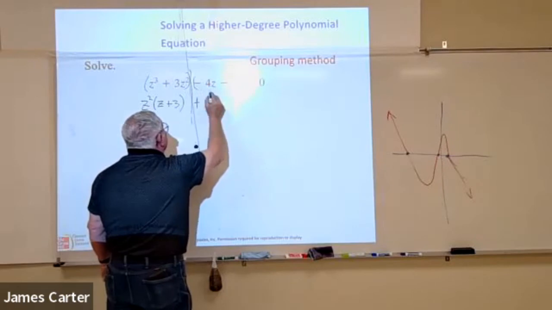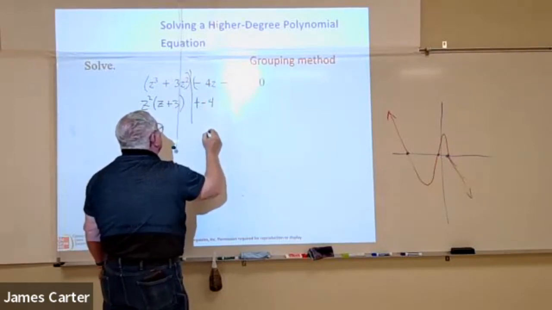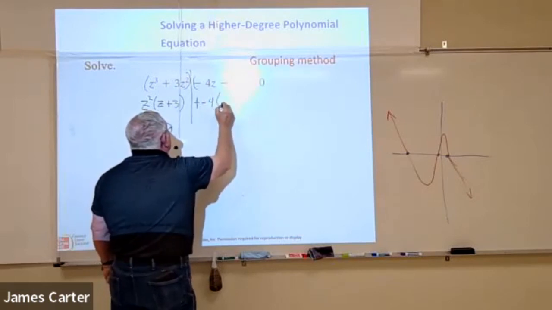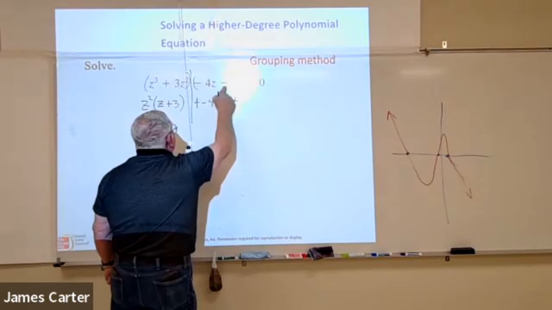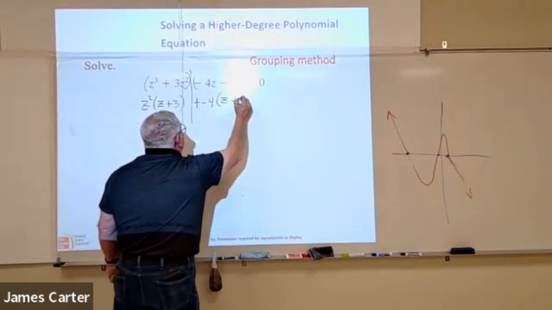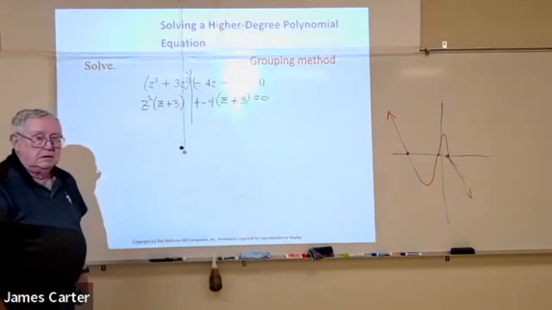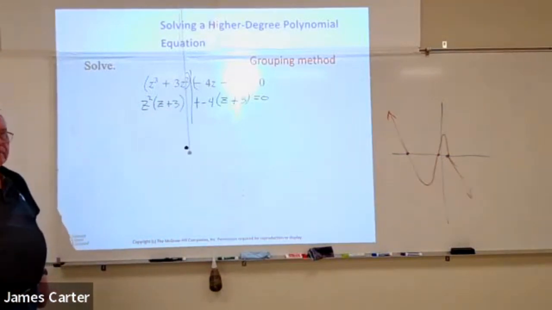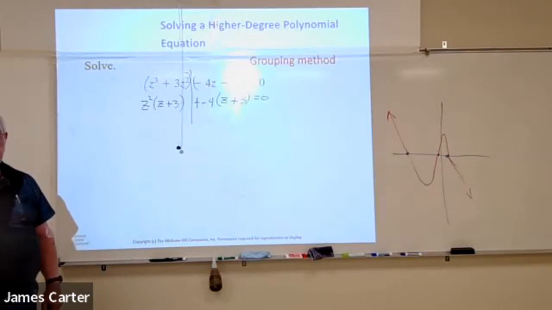If I take all of this and I factor a -4 out of it, then I've got z plus, if I took the negative out, 3 equals 0. Okay? Anyone have a question about what I did there? Anybody?